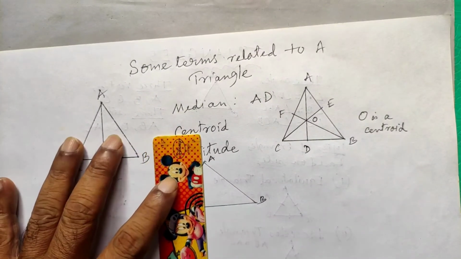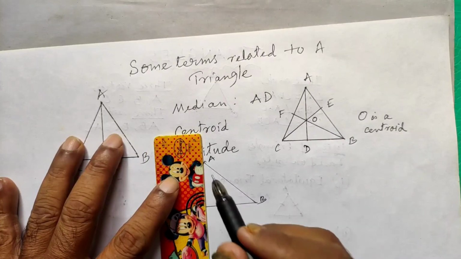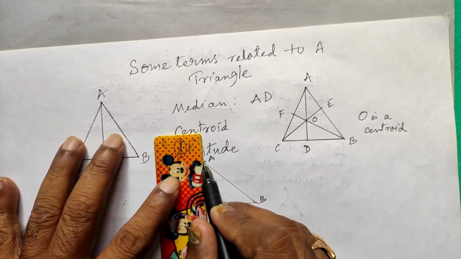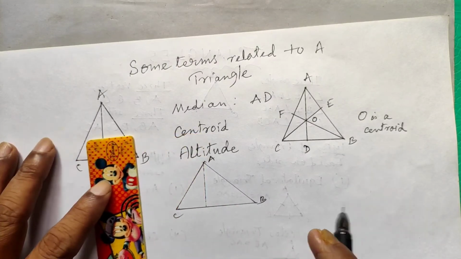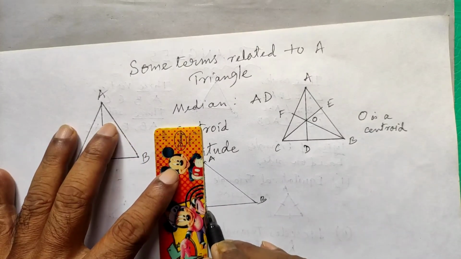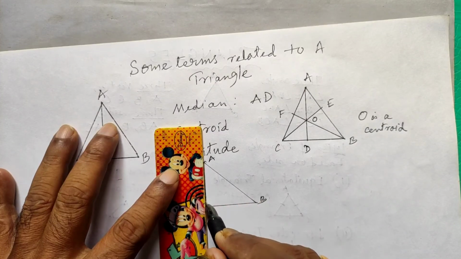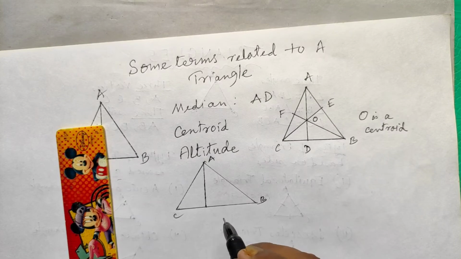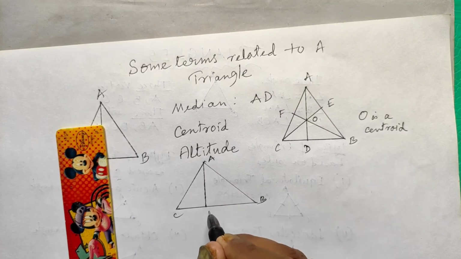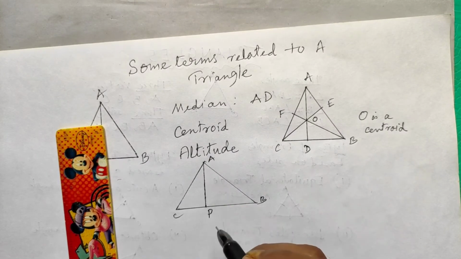So what you have to do? You have to draw a straight line from vertex A down to the base, that is BC. Then this point can be P, so AP.